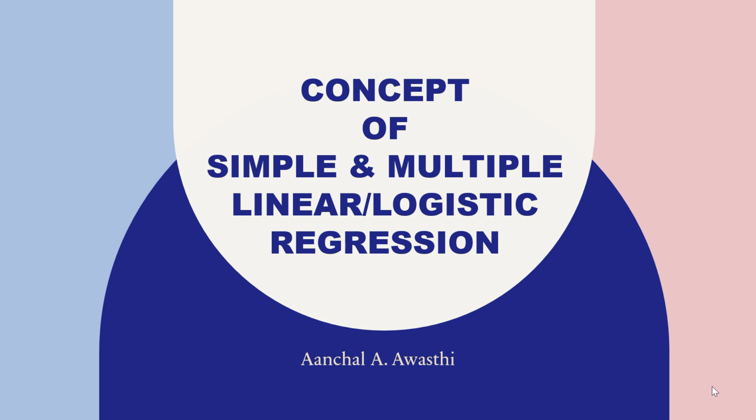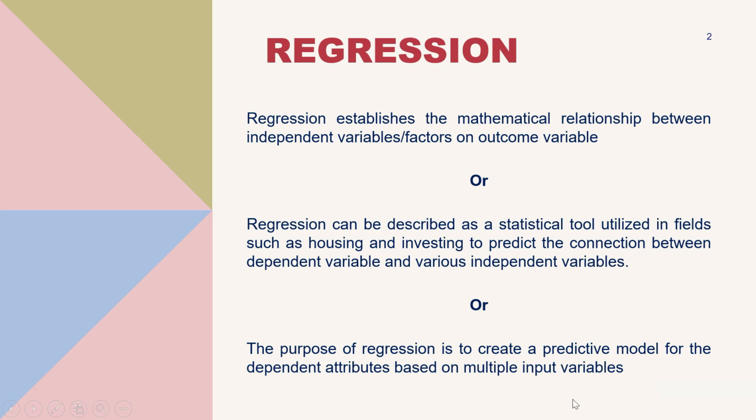Before discussing bivariate and multivariable setting, let's quickly review the concept of regression and when to apply linear regression and when to apply logistic regression. Regression establishes the mathematical relationship between independent variables or factors and an outcome variable. Or regression can be described as a statistical tool utilized in fields such as housing and investing to predict the connection between a dependent variable and various independent variables.